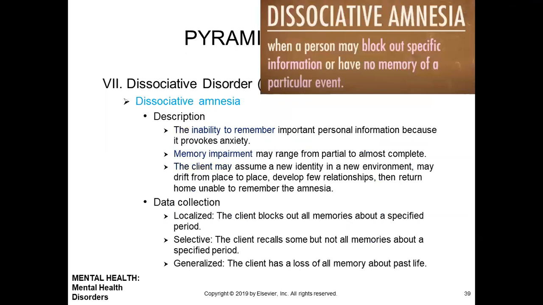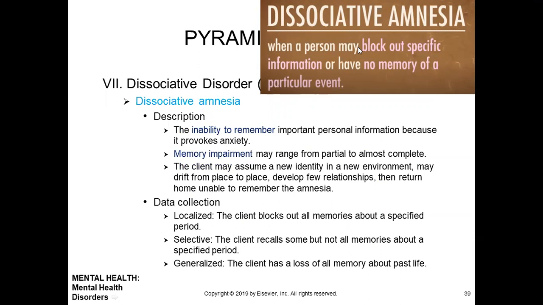So now, what is dissociative amnesia? The person diagnosed with dissociative amnesia lacks memory regarding personal information, and that is triggered by traumatic events.